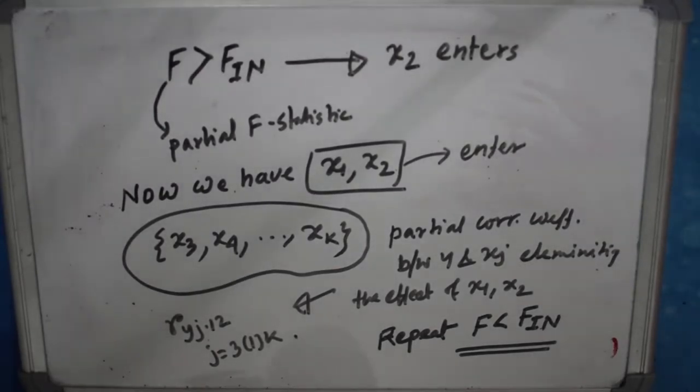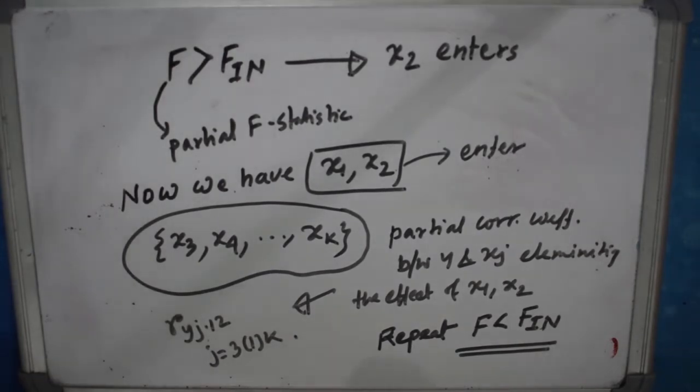Then we compute the partial correlation coefficient between y and xj, eliminating the effect of x1, then find the maximum partial correlation coefficient. Suppose it occurs in x2, then you compute the partial F statistic. If the partial F statistic is greater than Fin, then x2 enters into the model, otherwise x2 does not enter into the model, and we stop the process.